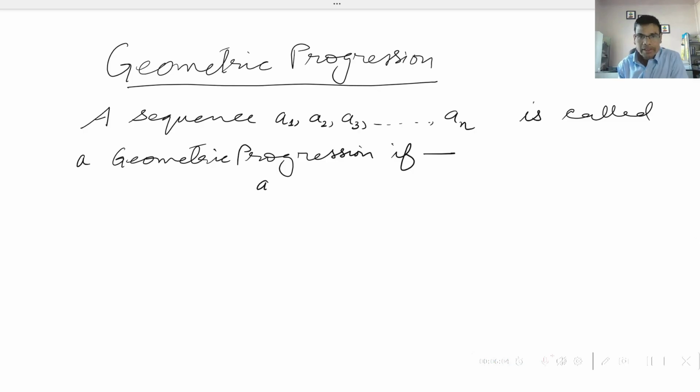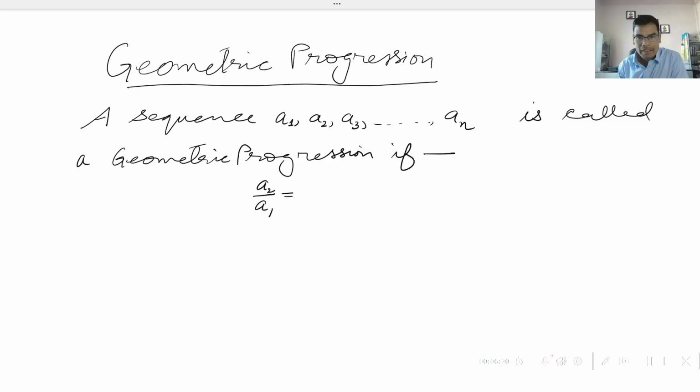You take any term and then divide by the preceding term. So we take the second term divided by the first term, or the ratio of any term with the preceding term.